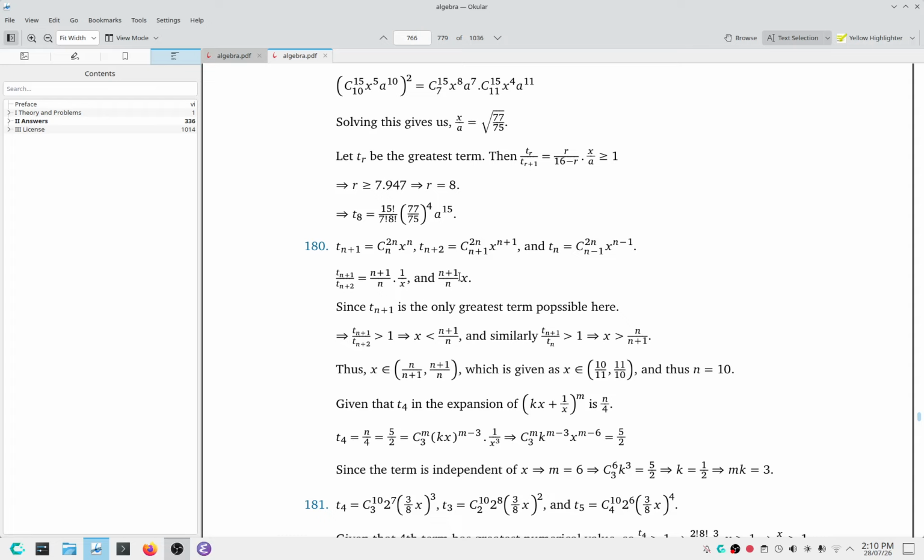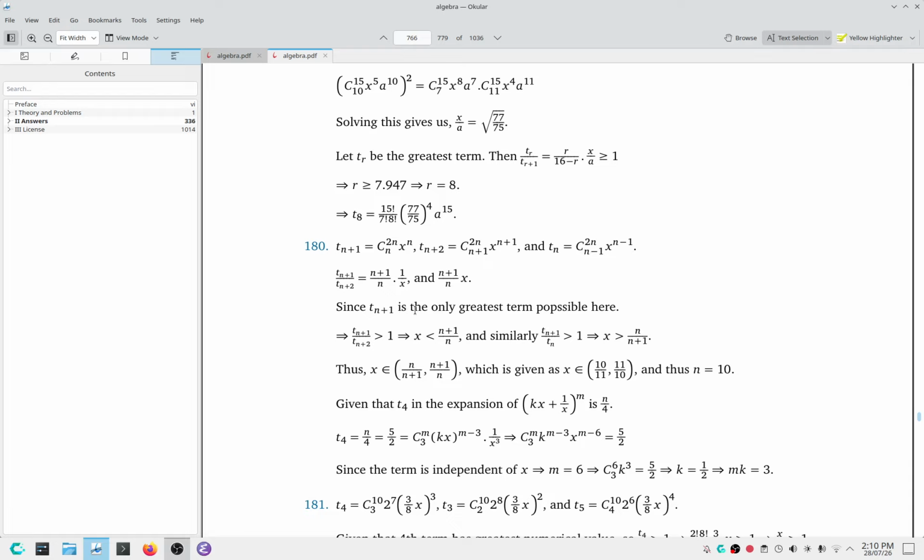This shouldn't be there. It should be Tn+1 upon Tn. We'll have to verify this.